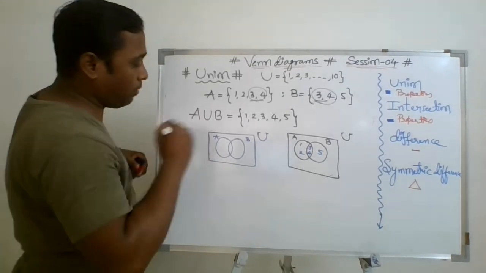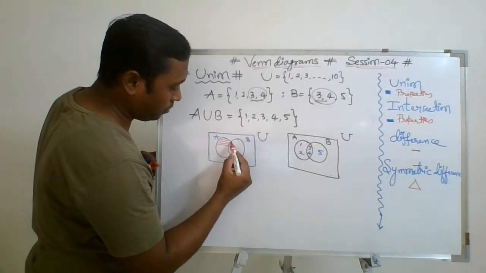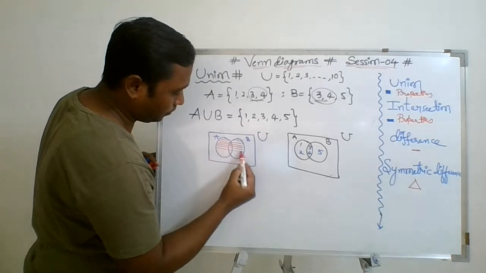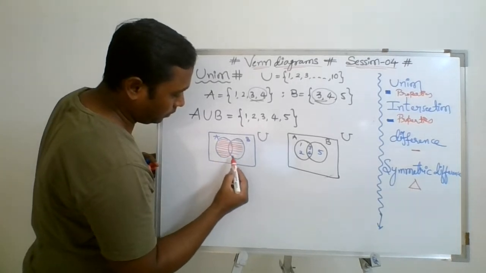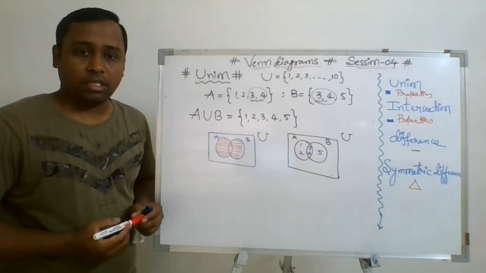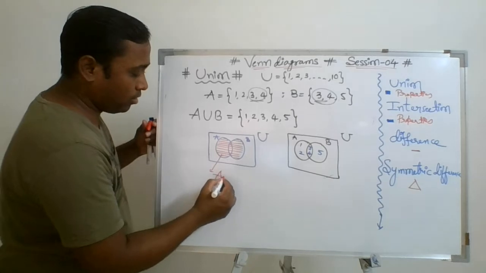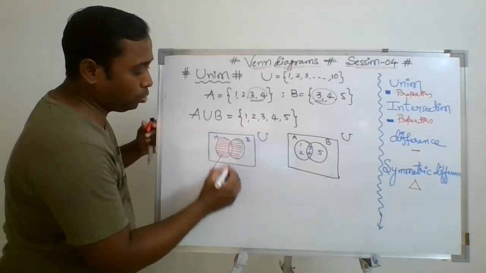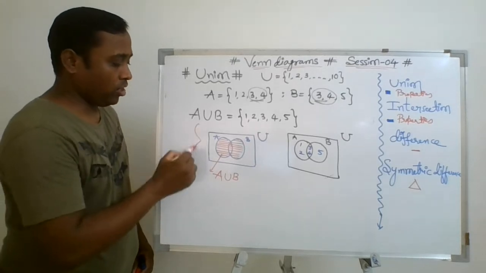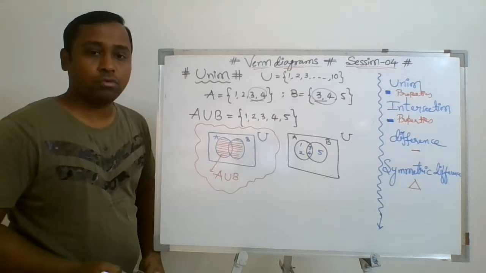Simply by shading the entire A and B. See, this shaded portion represents A union B. So I can say this red shaded portion represents A union B. This is the general way of representing the union of two sets.